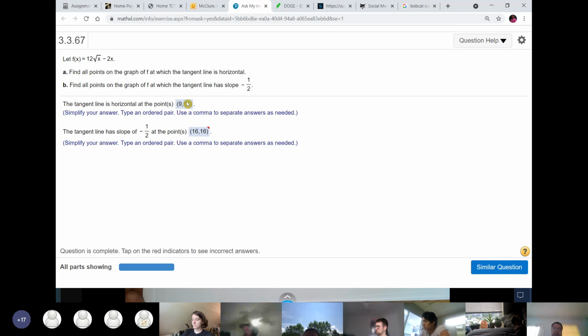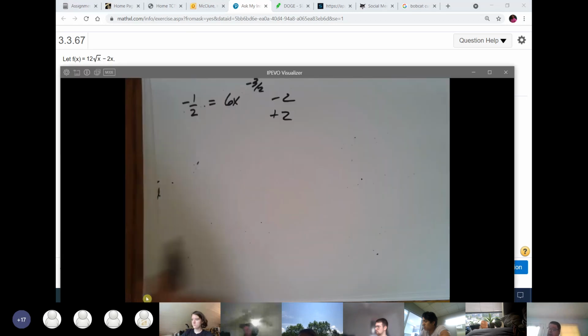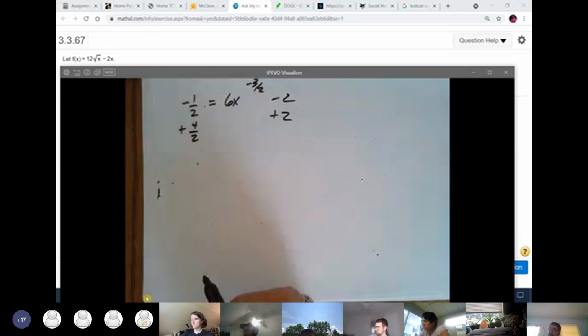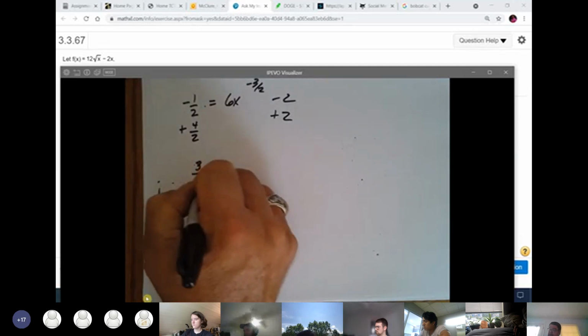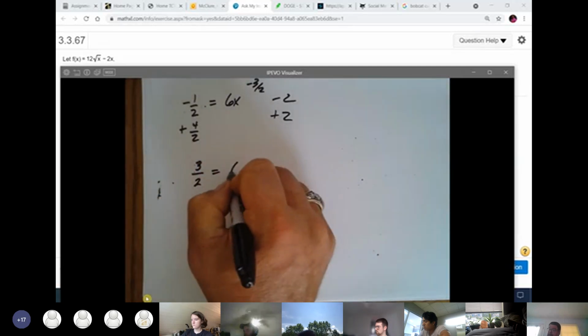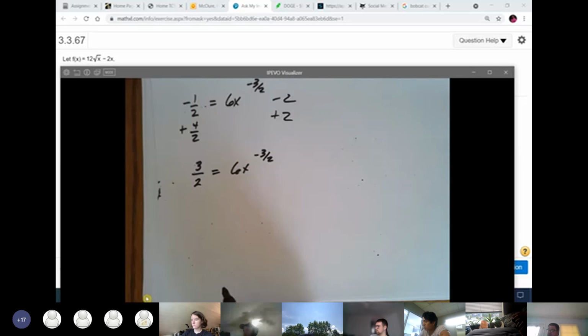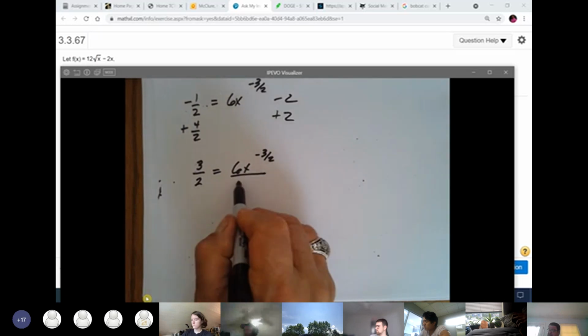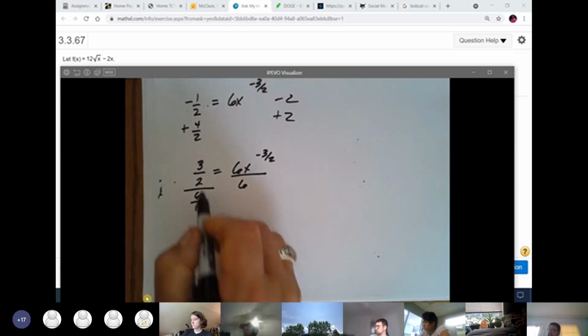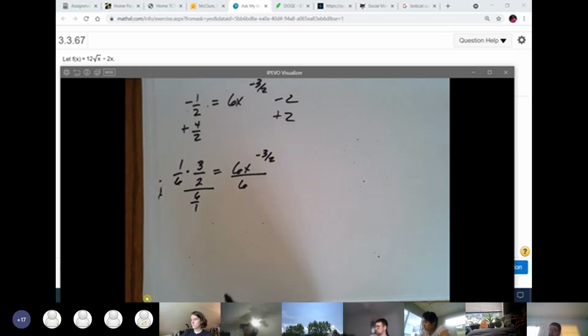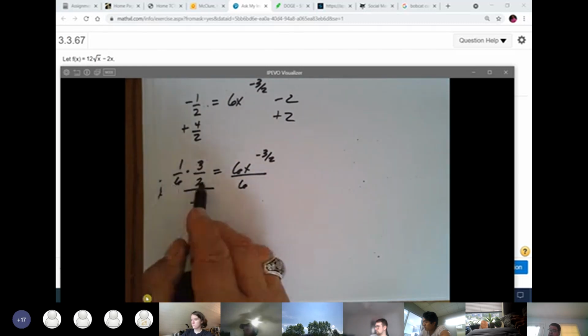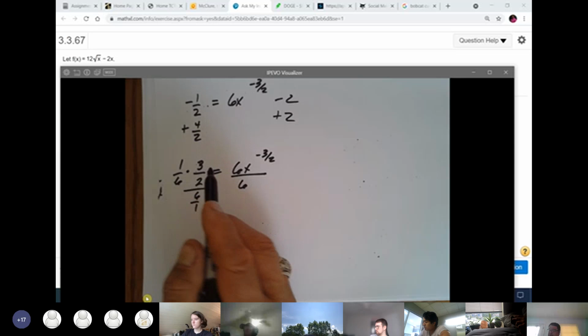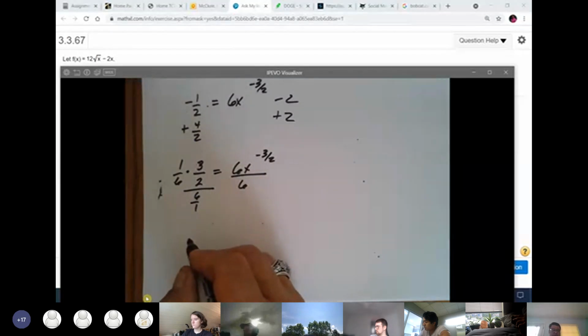I'm going to add 2 on both sides, which is 4 halves. And that's 3 halves is equal to 6x to the negative 3 halves. Divide by 6. Multiply by 1/6. And that's going to be 3 over 12, and 3 over 12 is 1/4. Didn't I get that? I didn't get that.